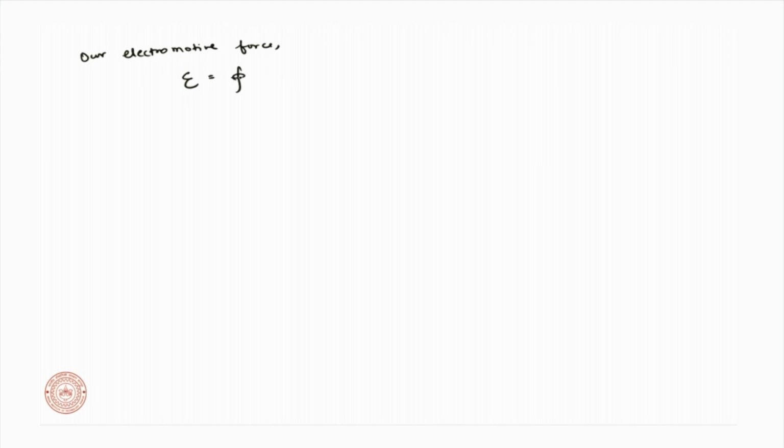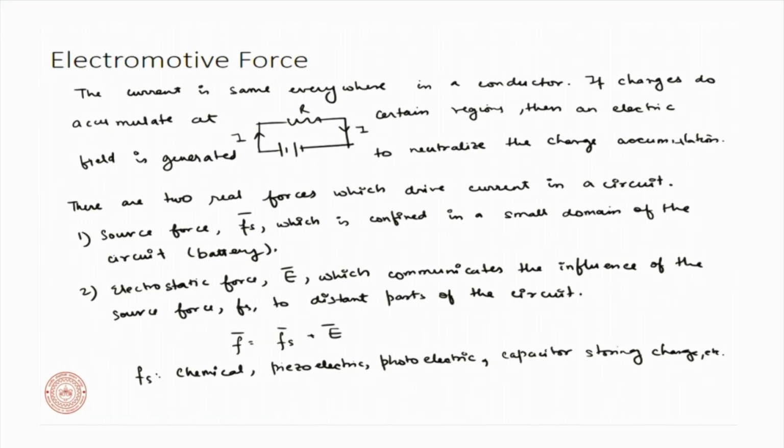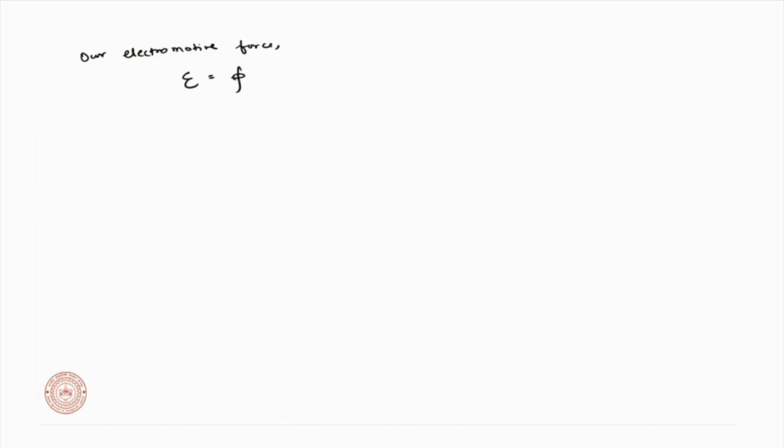E is equal to the integral over the loop that we have shown in the last slide, this loop of the circuit, of our force Fs dot dl, right, and which is also equal to the integral of F dot dl.